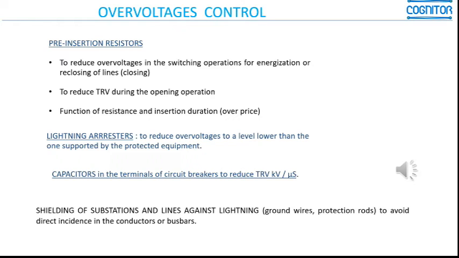Let's say we are putting one C of capacitor value in that equation that I showed you before to reduce the rate of rise of the transients that will come just after the energization or opening of the line. There is also the possibility of the shielding of substations and lines against lightning using ground wires, protection rods, and many other common systems.